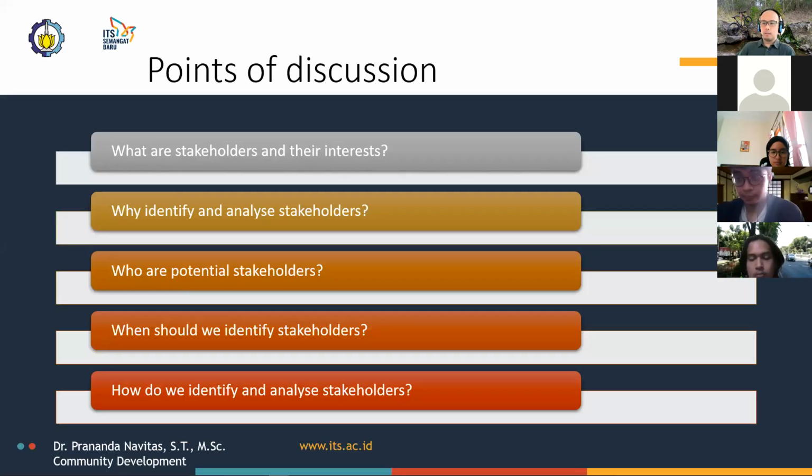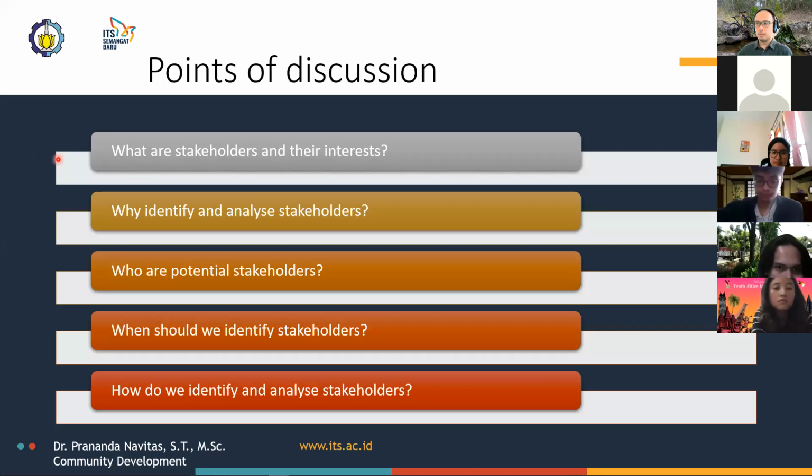So this is what we will be talking about, because we're focusing on stakeholder analysis or stakeholder mapping. We'll have a look at what stakeholders are and what their interests are. Last week, I gave a brief introduction on the definition of what stakeholders are, but this week we'll dive in a little bit further, and we'll explore what their interests may be.